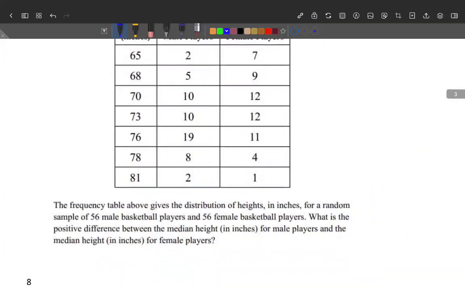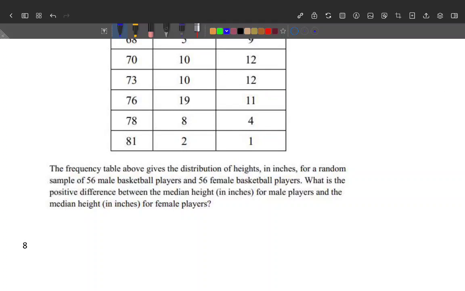Okay, next question. The frequency table above gives the distribution of heights in inches for a random sample of 56 male basketball players and 56 female basketball players. What is the positive difference between the median height for male players and the median height for female players? Okay, if we have this number, the order of the median we can find like this.